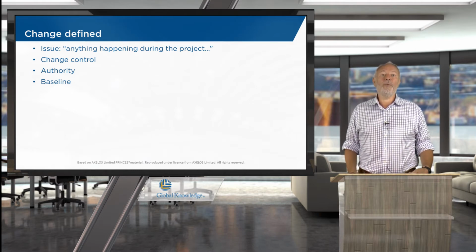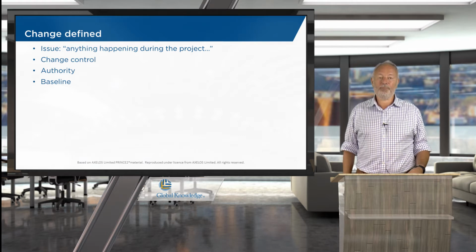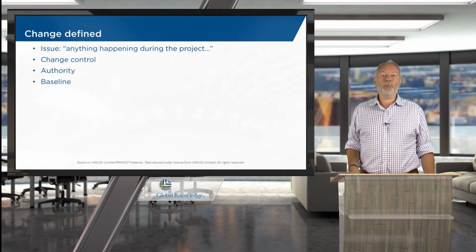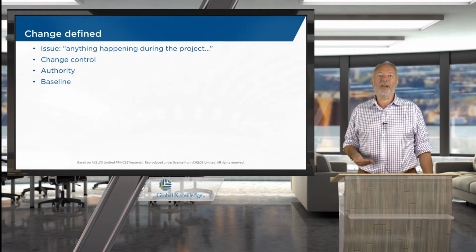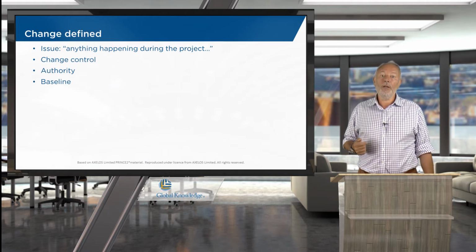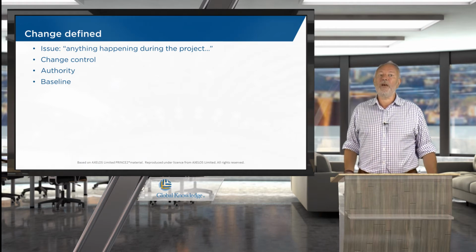All of this will need to be managed through some kind of change control approach, some way in which we're going to manage the change. The change itself will need to be approved by the relevant authority, at whichever level is necessary, whether that's a team manager or project manager, the project board, or even going back to corporate to get the change approved.